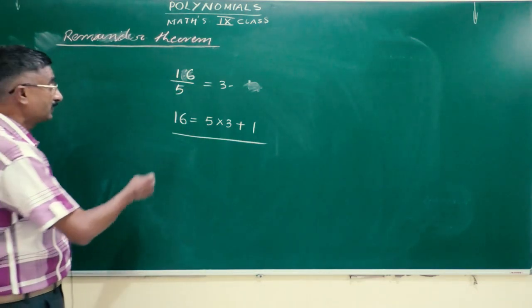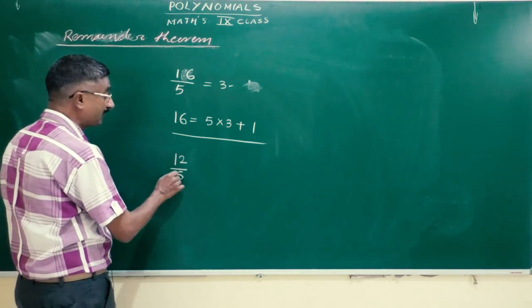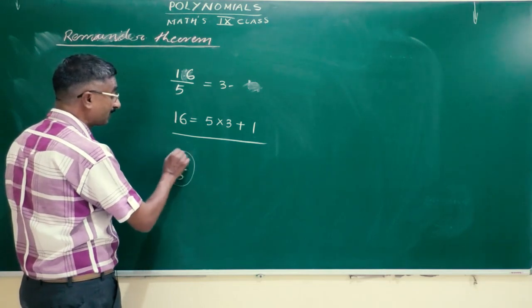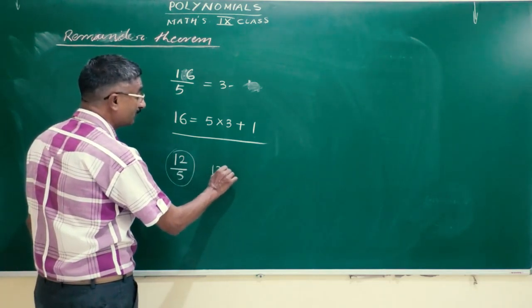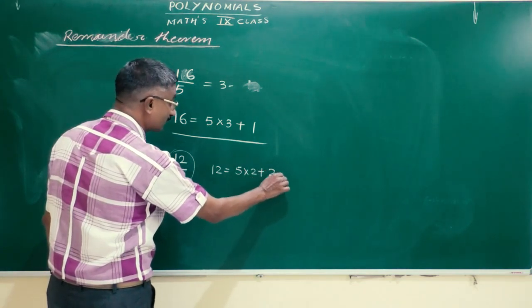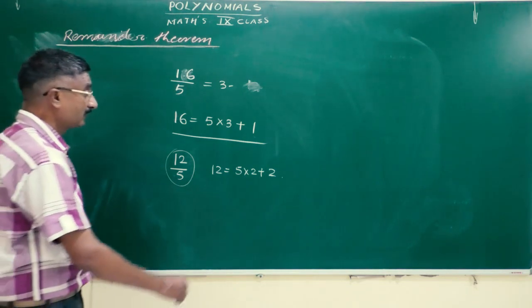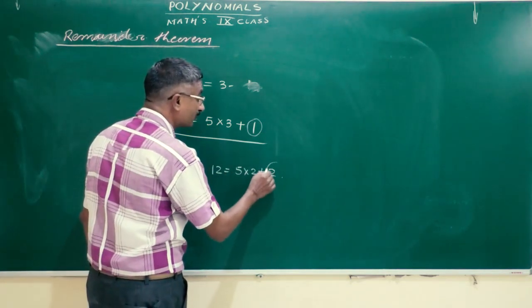So second example, 12 divided by 5. So again I can write 12 is equal to 5 into 2 plus 2. Clear?